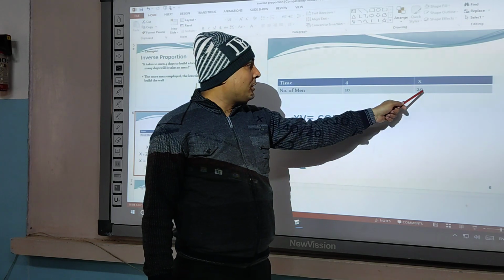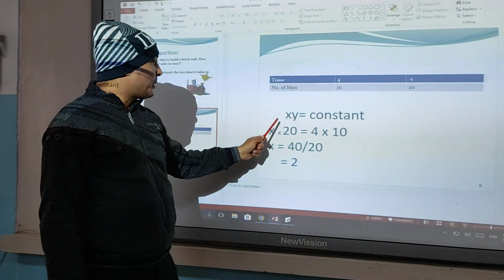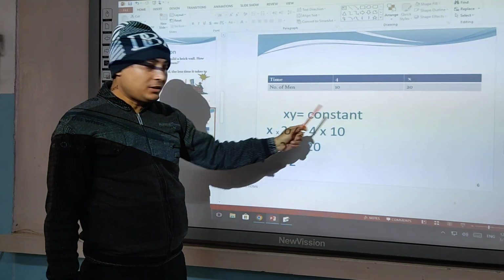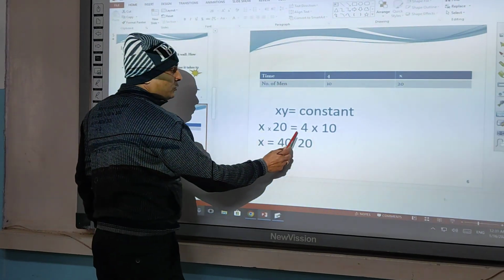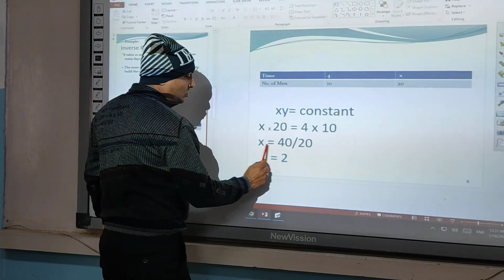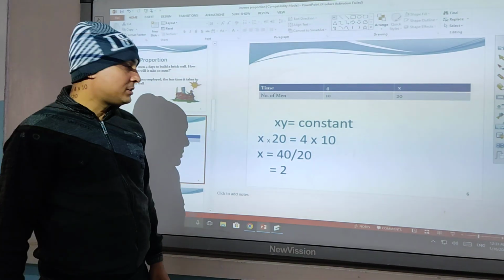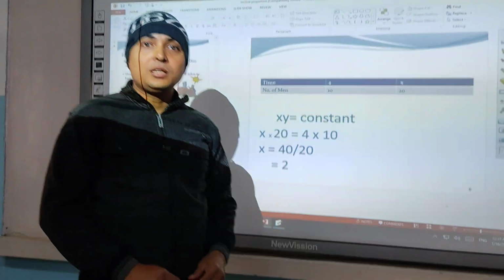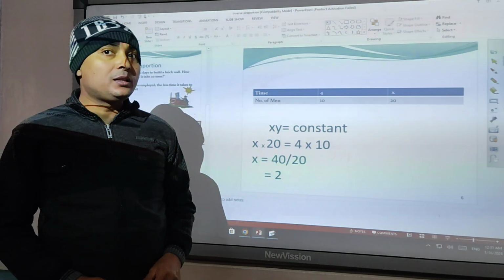So how long will be taken by the 20 men? This type of relation is inverse, so the product will be constant. So we can say x into 20 is equal to 4 into 10. After solving, we get x is equal to 2. That means 2 days will be taken by the 20 men to build the brick wall.